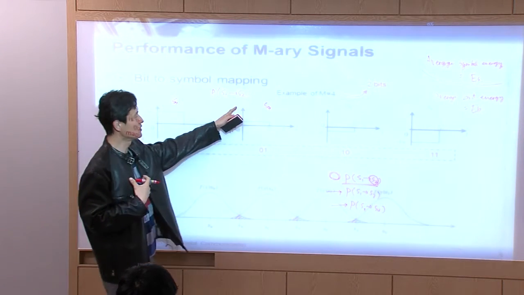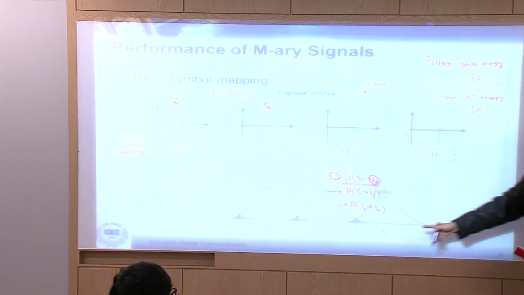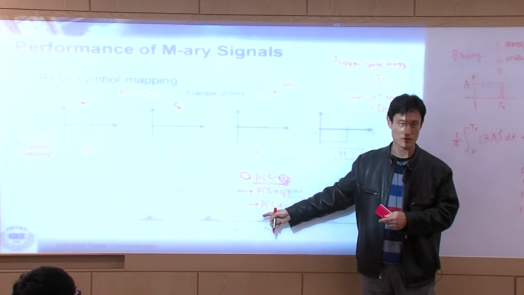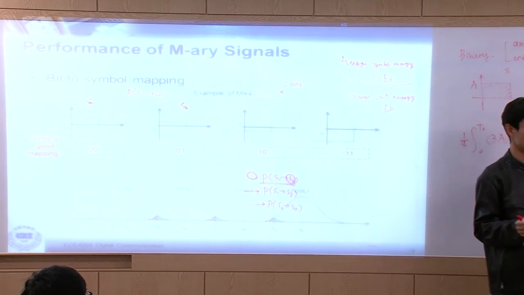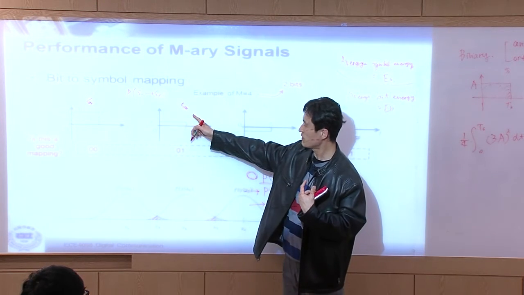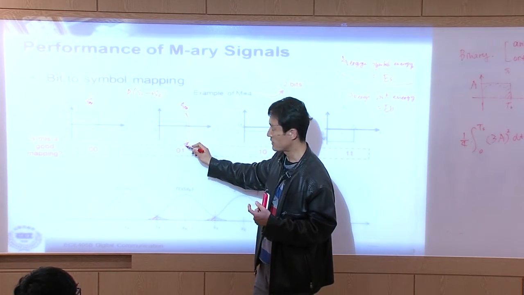The receiver doesn't know if that is an error. It just received some value here and decodes it, and that turns out to be S2. So we don't know that's an error at the receiver. So now when S2 is received, we are going to decode it back to bits.